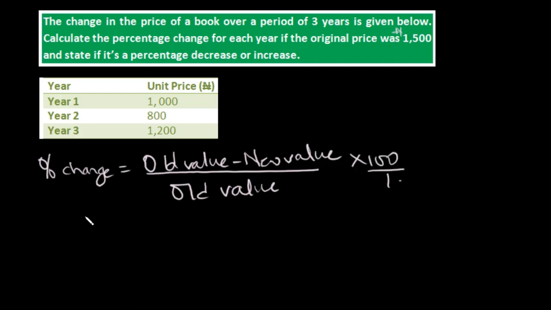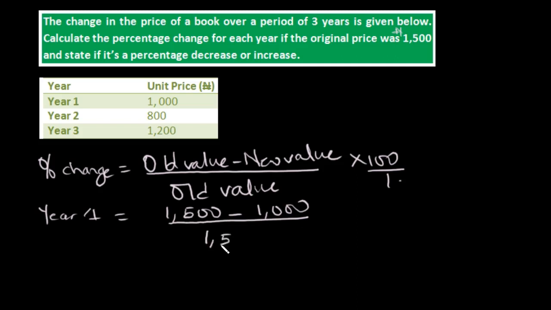So now, for year one, the old value is 1,500. Now the book sells for 1,000 naira. That's the new value. Comparing it to the old value, which is 1,500, multiplied by 100 over 1.